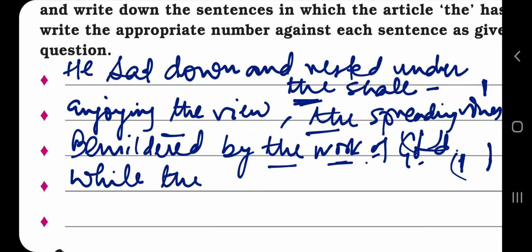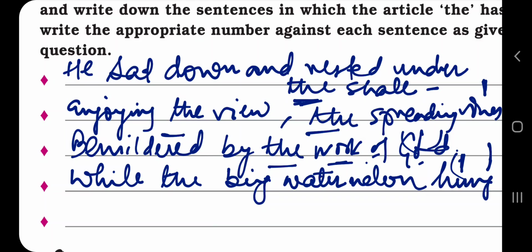While the big watermelon hung. So this is what we have already talked about, watermelon. So the is when we have talked about a person or thing before, it will be second. And the last is the peasant was lost in his thoughts.